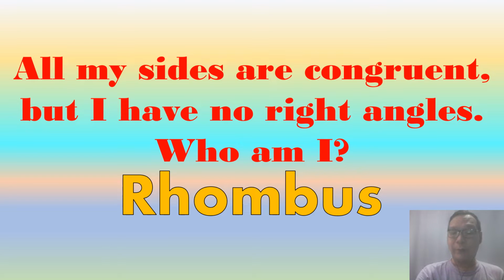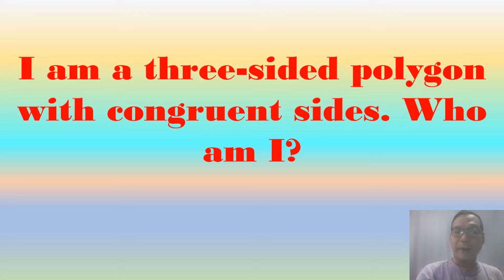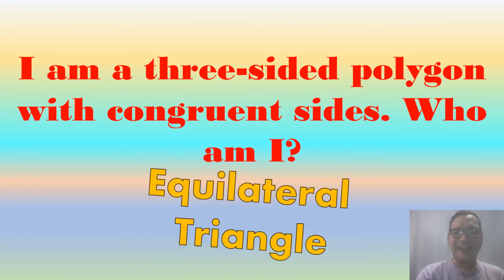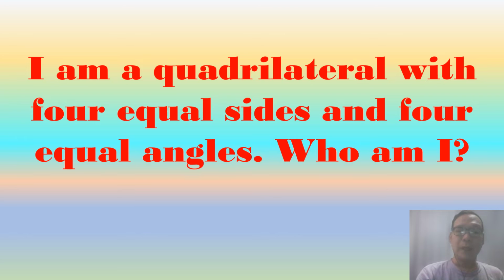I am a rhombus. Second one, I am a three-sided polygon with congruent sides. Who am I? Correct. I am an equilateral triangle. I am a quadrilateral with four equal sides and four equal angles. Who am I?